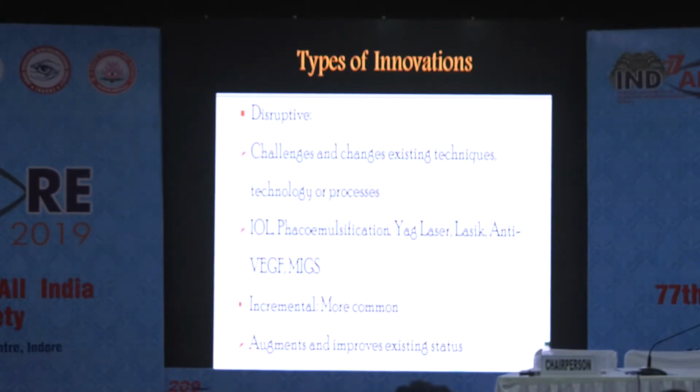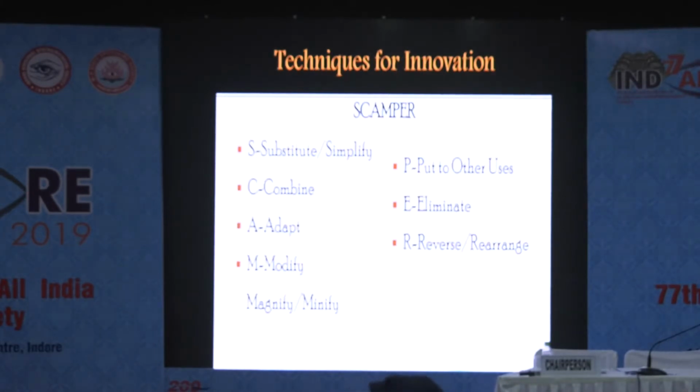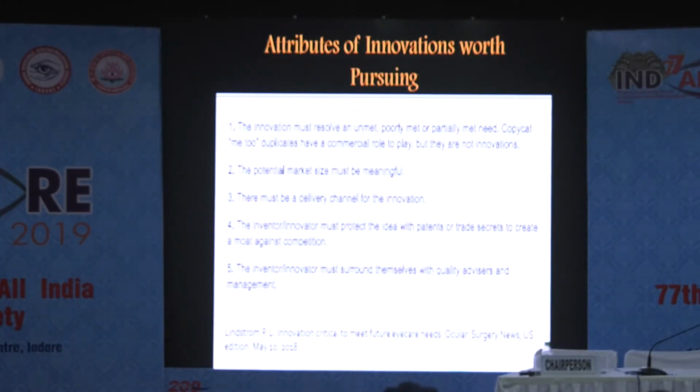They happen at your level and mine when we put our mind to solving small problems. And these are the techniques described in SCAMPER: you substitute or simplify, you combine two existing things, adapt them for a newer purpose, you change their size, magnify, minify, modify, you put them to other uses, you eliminate certain parts of an existing tool or process, or reverse and re-engineer.